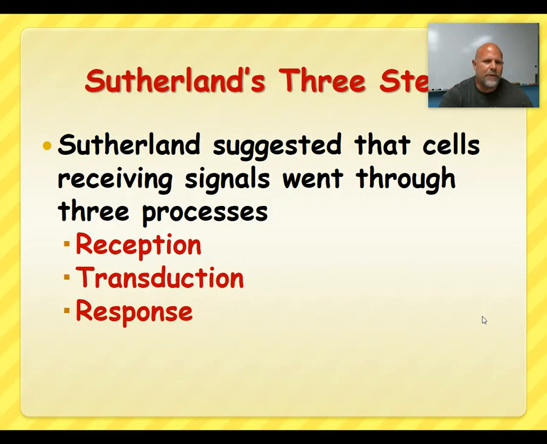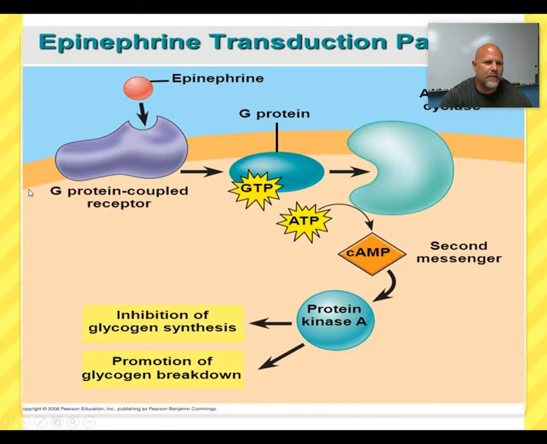So he came up with a 3-step process, and it was reception, transduction, and response. So basically what you have going on is you have a molecule, and this is actually the one he discovered, the epinephrine transduction pathway. So you have a molecule, a ligand that's going to bind to a receptor on the surface of the cell.